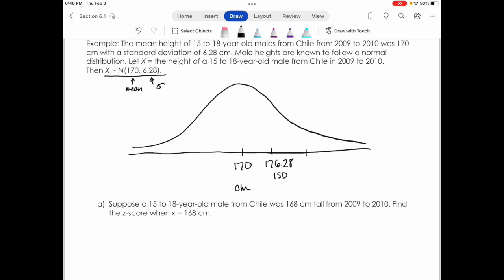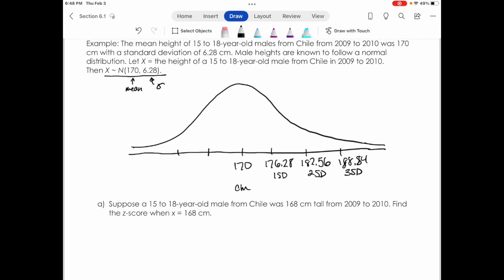If I come out again 6.28, that's going to give me 182.56. And then if I come out one more time, that's going to give me 188.84. So this is coming out 2 standard deviations, and this is coming out 3 standard deviations.